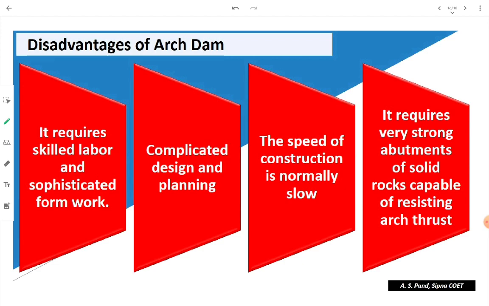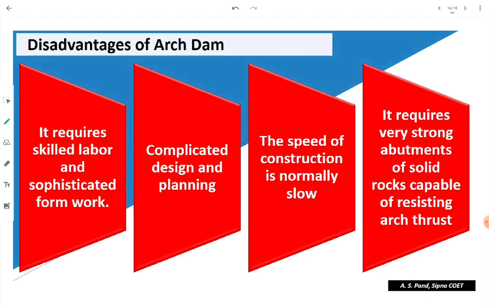Then we said that the foundation requirements of the arch dam are low, but it has its contradiction in that the abutments, the side support of the arch dam, should be very sound, should be very strong.